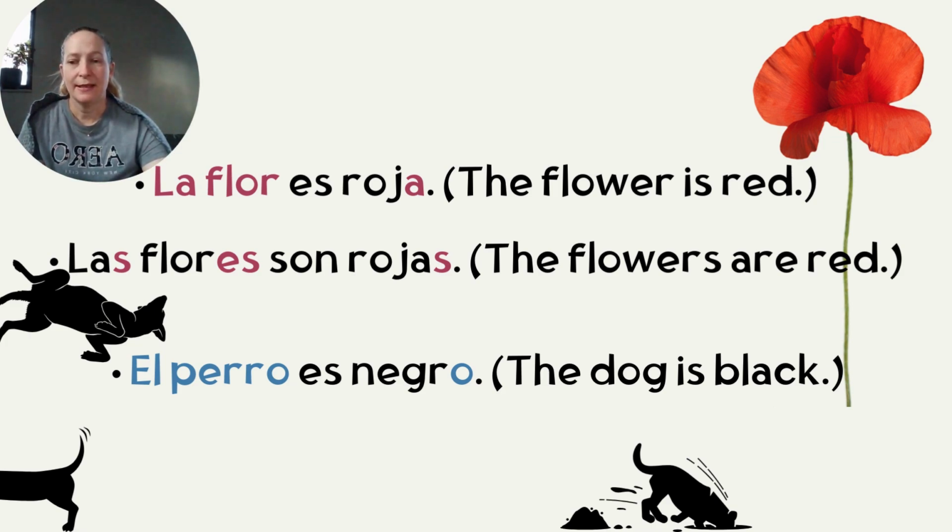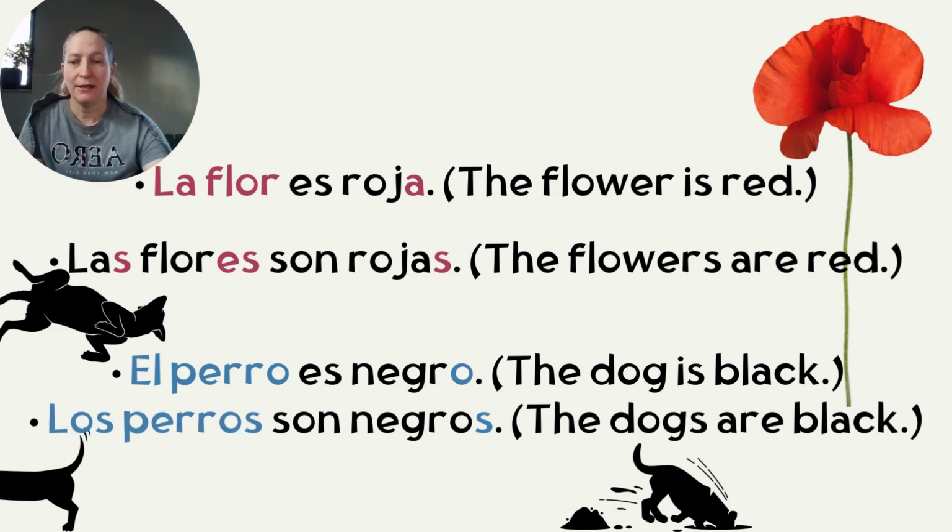So las, you add the S. Perros, you add the S. Son, it means are, so that's a plural. You are, they are, it's plural. Negros, you have the S, so the dogs are black. Los perros son negros. Do you understand?